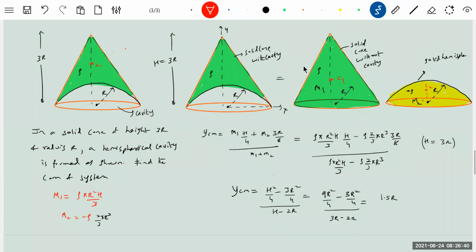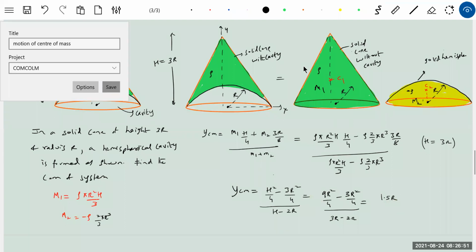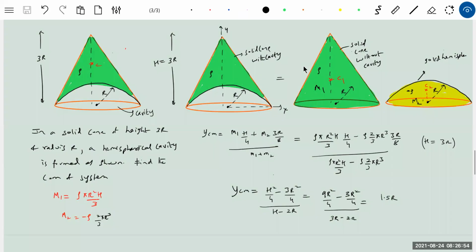The center of mass of this solid cone with hemispherical cavity will be at half of the height. I'll scroll down, we'll take the next one.